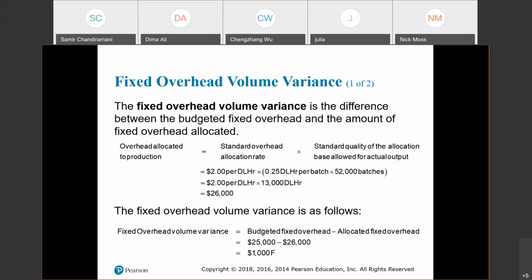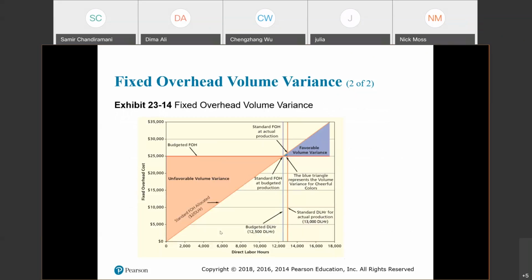So this variance, the fixed overhead volume variance, is not a cost variance and explains why fixed overhead is overallocated or underallocated. This slide shows the fixed overhead volume variance for the company.